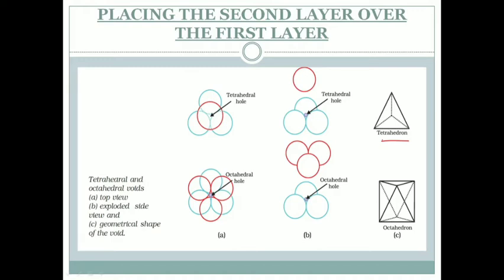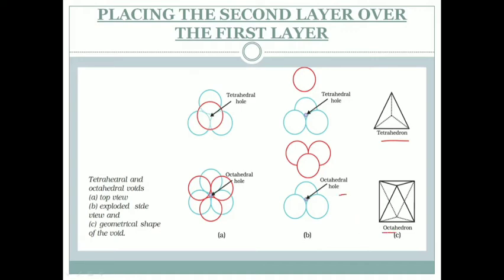At the other place, the triangular voids in the second layer are above the triangular voids of the first layer, and the triangular shapes of these do not overlap. One of them has the apex of the triangle pointing up and the other downwards. These voids have been termed as O, that means octahedral voids.